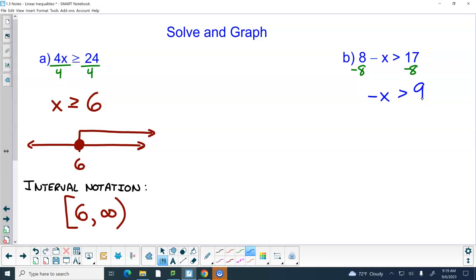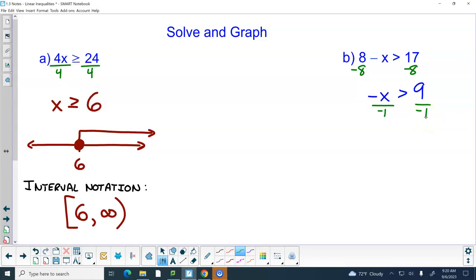What's my other alternative? I could divide, yes, or? Nope, divide by negative 1 is right. What's my other choice? Because it's just negative 1. I could multiply by negative 1. Same thing. So I could divide by negative 1, or I could multiply by negative 1. Either way.